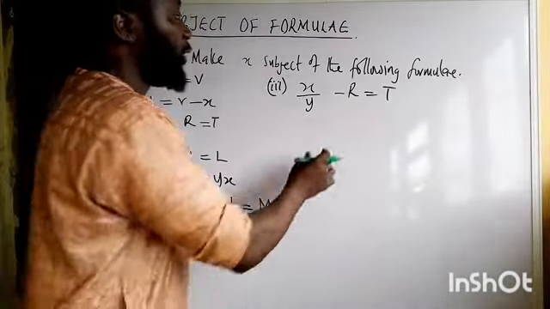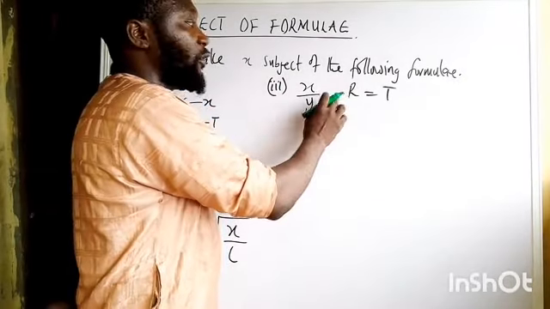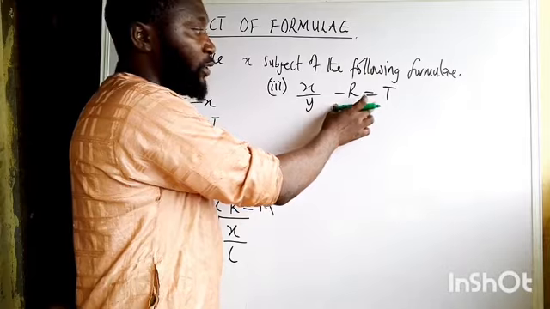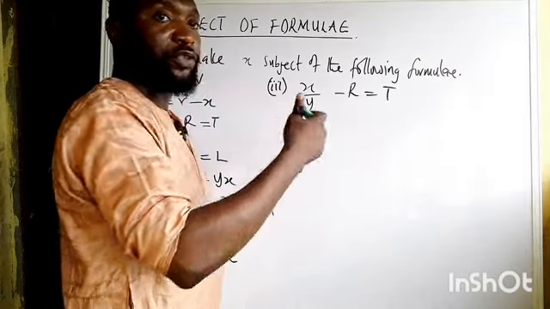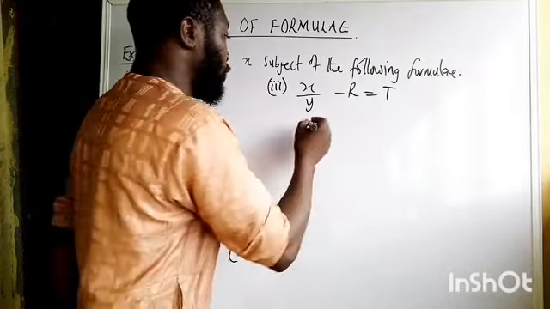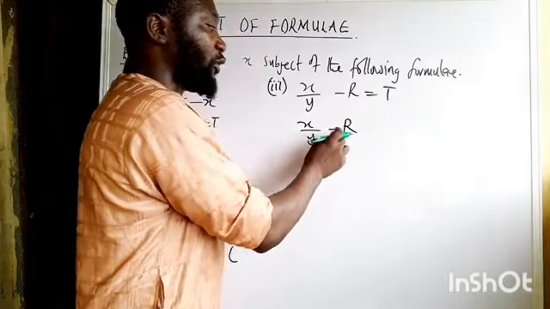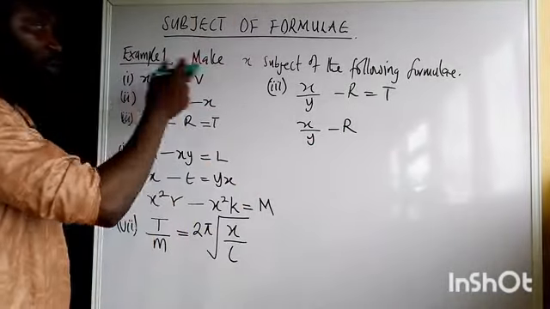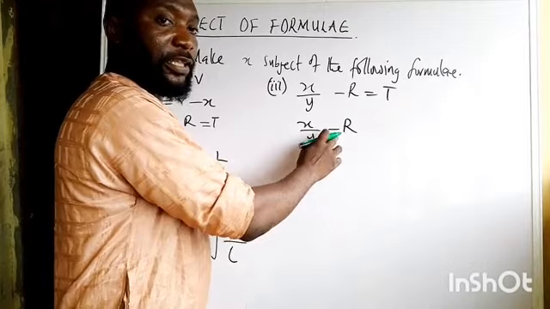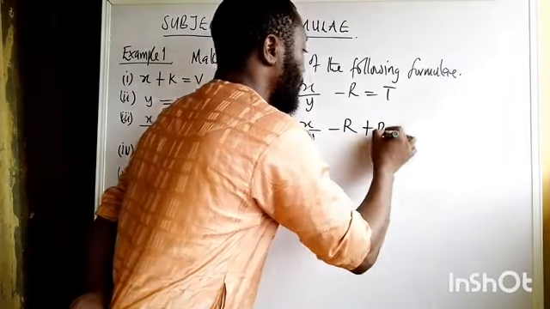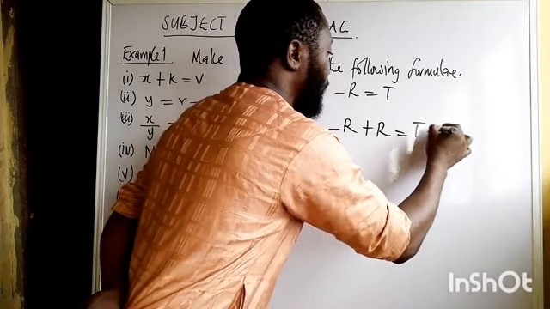Now this r is negative. You are taking r from it, so the opposite is to add r to both sides. So you have x over y minus r. Because r is subtracted here, now we add. So plus r equals t plus r.